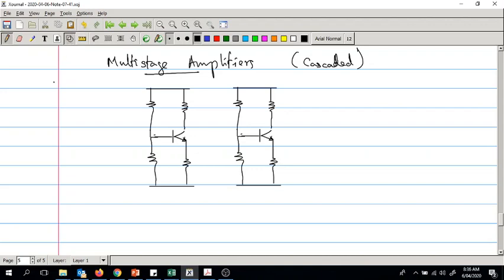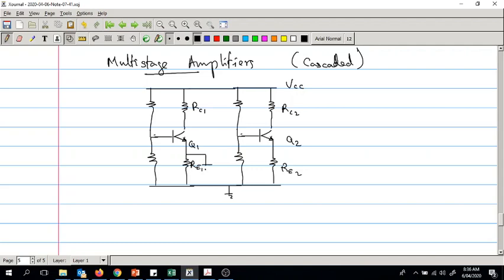Now let's start labeling them. Q1 is there, Q2 is there. Two amplifier stages. Let's connect them to the supply and the ground. So that's ground, that's VCC. So RC1, RC2, RE1, RE2, and we will construct two common emitter stages in here.